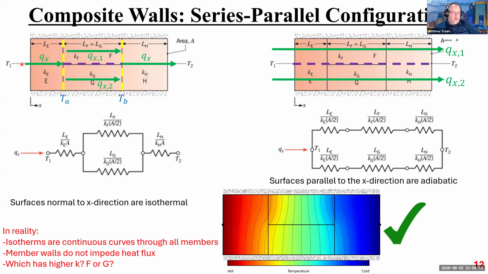And the heat travels through member E, reaches the barrier of member E, provides a constant temperature isothermal surface here, and then breaks up into two parallel heat transfer paths that then terminate in constant temperature here as they emerge into H. And then there's just one heat transfer path all the way through H, right?